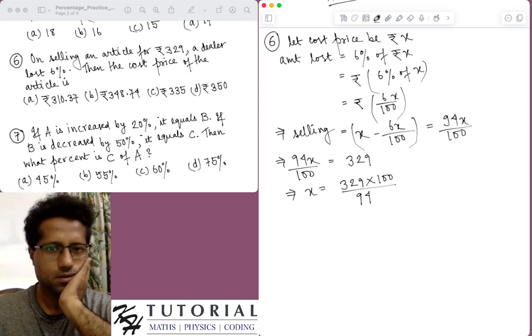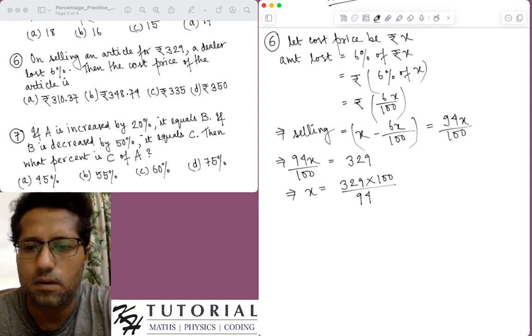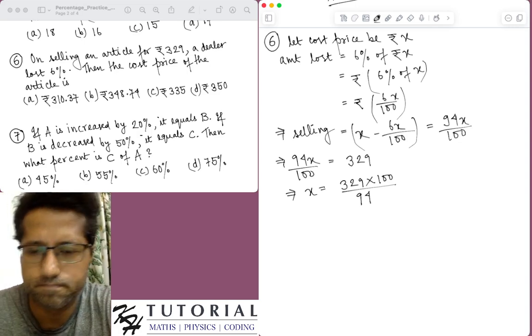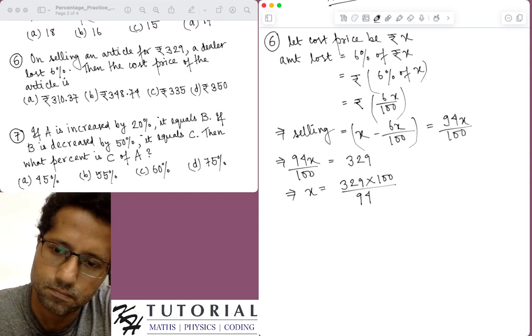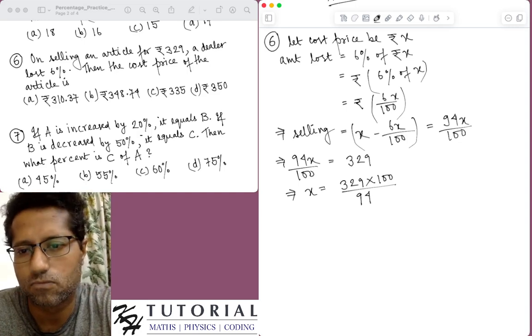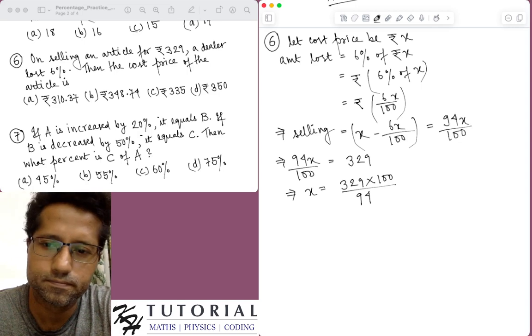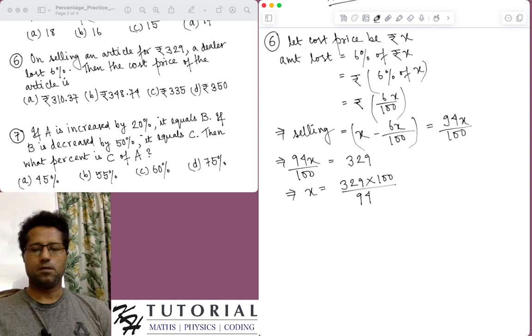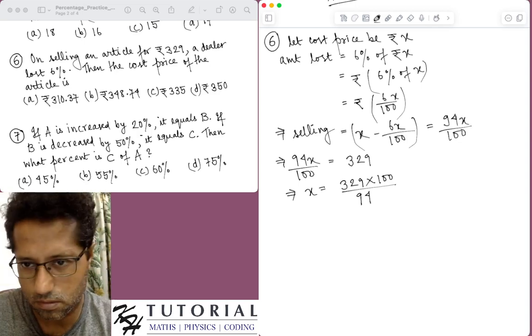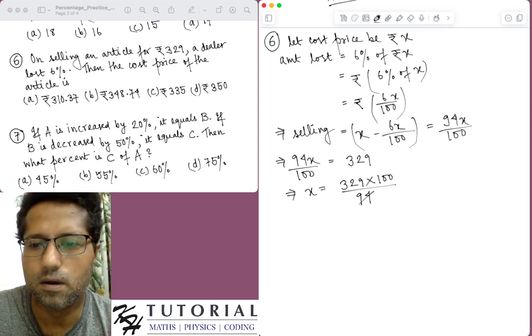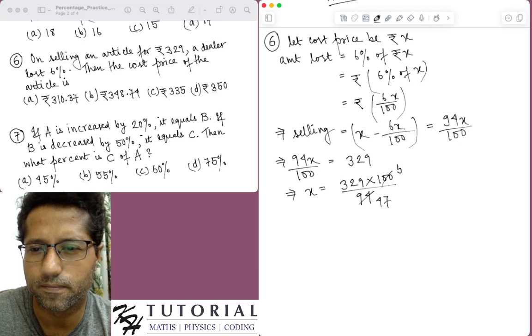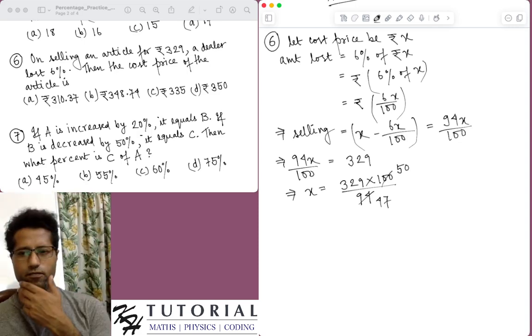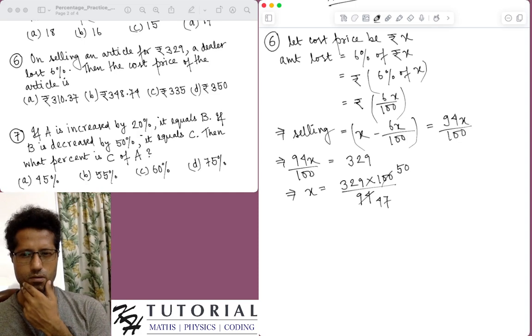How much will this be? 94 will definitely not divide 329. Okay, so 2 divides 94 with 47 and 50.